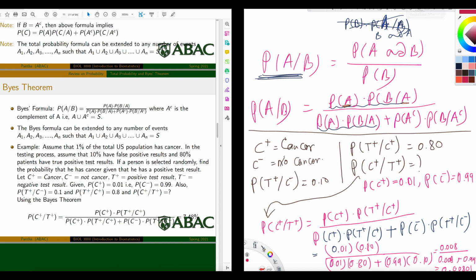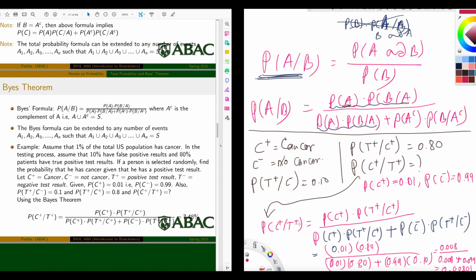By the way, it should be 0.099, right? If you multiply 0.99 times 0.1, you will get 0.099. Okay, let me correct that: 0.008 plus 0.099.